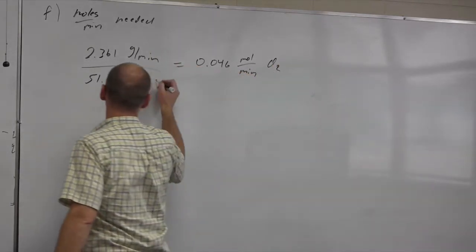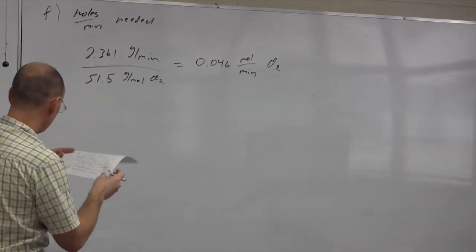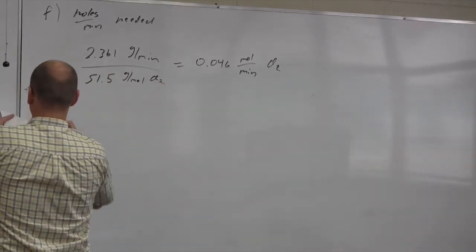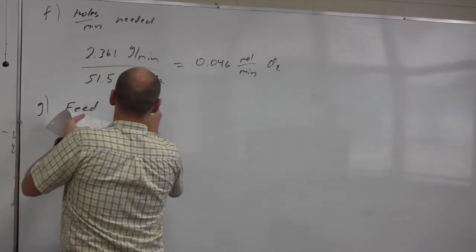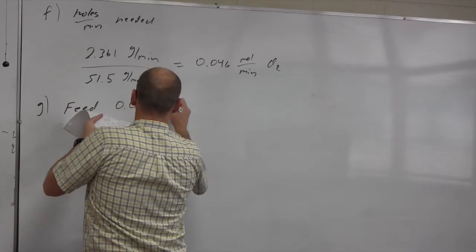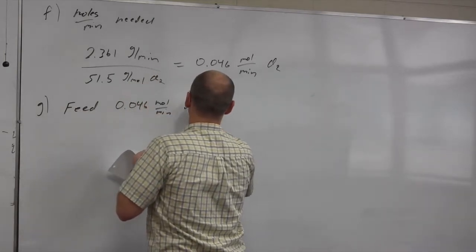So this is grams per mole of chlorine, Cl2 on the bottom here. Okay, so G, we're going to feed that 0.046 moles per minute of Cl2.